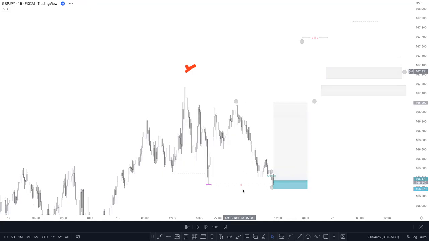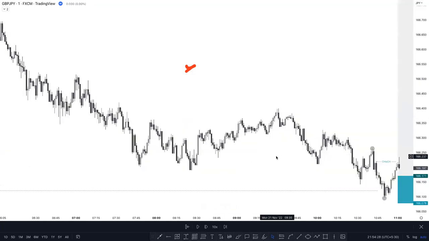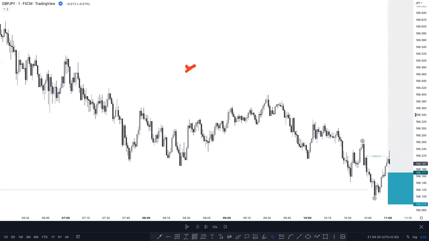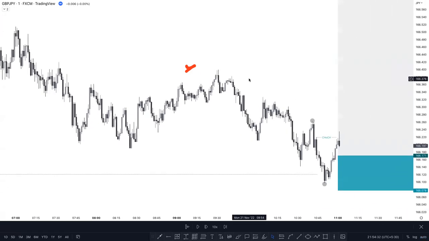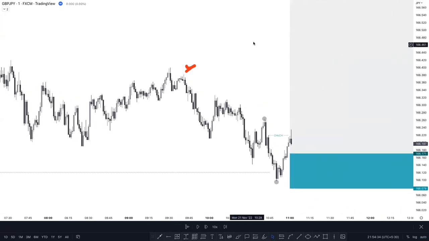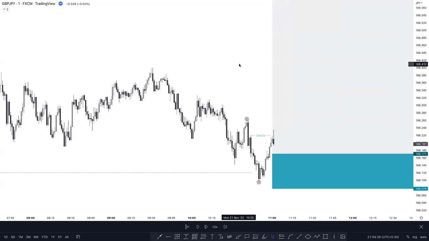And switch into 1 minute. So this one is our first entry here. And as per the 1 minute structure, where is our next possible entry? It is here, everyone.